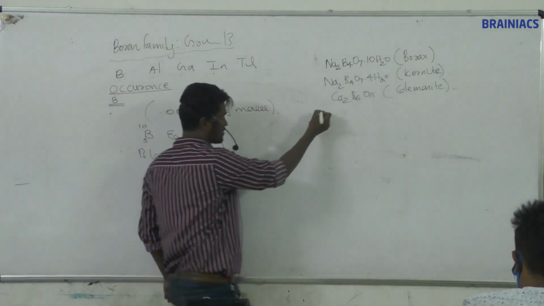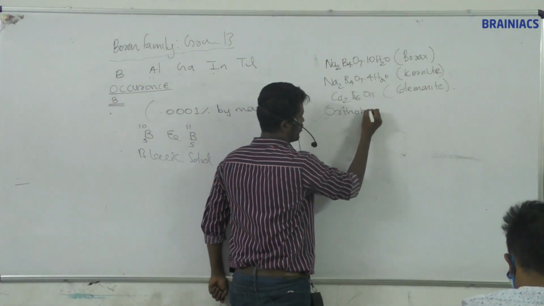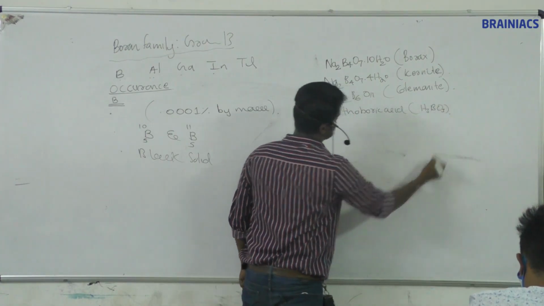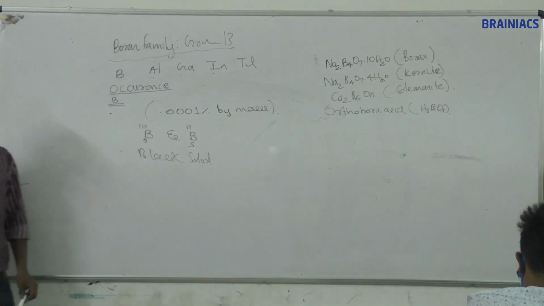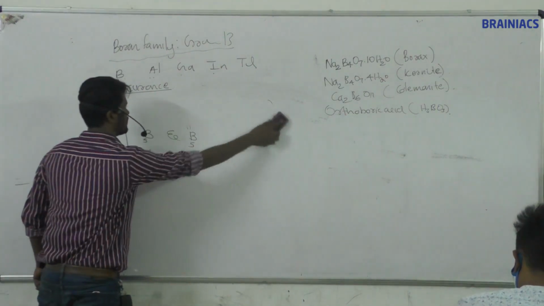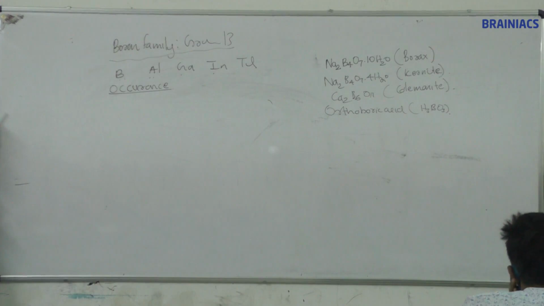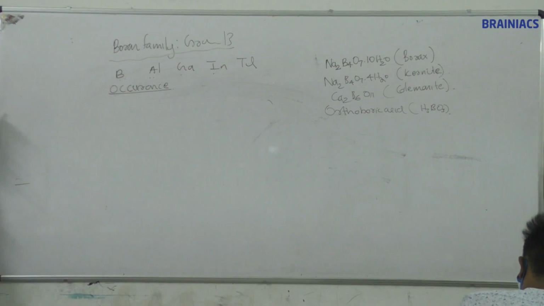And orthoboric acid, it is simply H3BO3. Colemanite, kernite, borax, orthoboric acid. So these are the important compounds of boron.